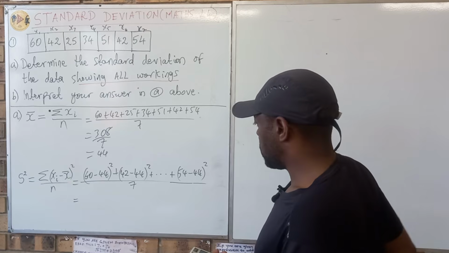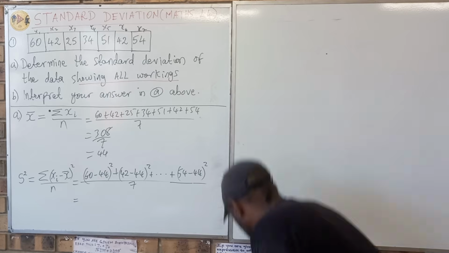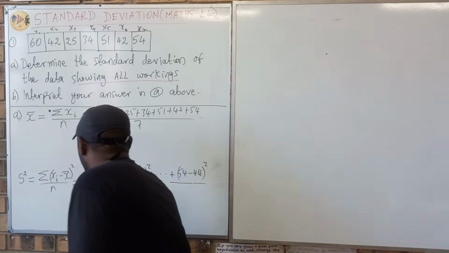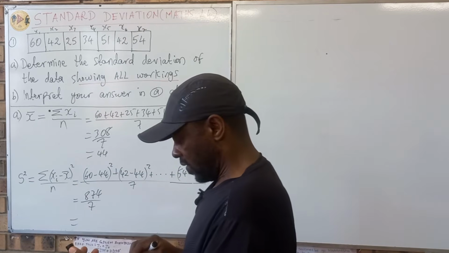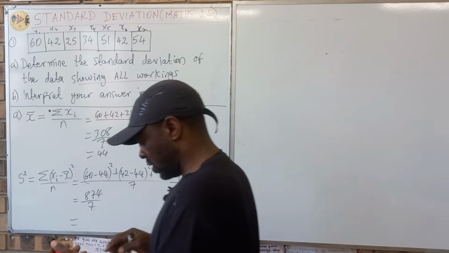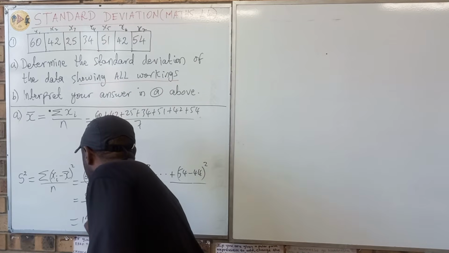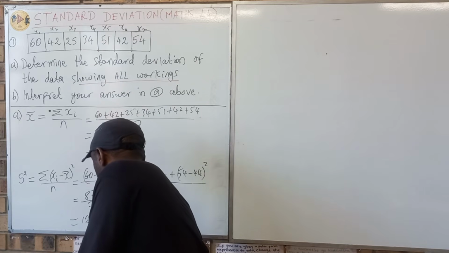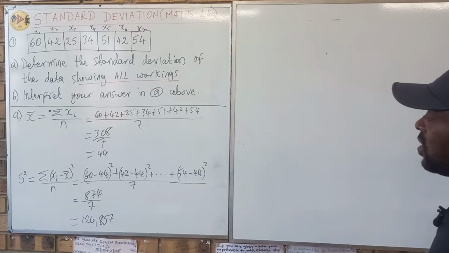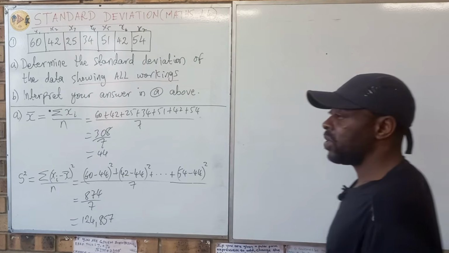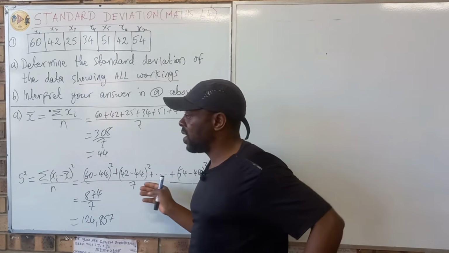That gives us 874. I'll take 874 divided by 7. If I divide that by 7, it gives me 124.857. So that is my variance. Just by looking at my formula and interpreting it, I can calculate my variance like that.